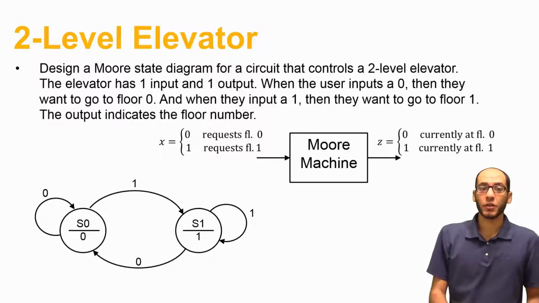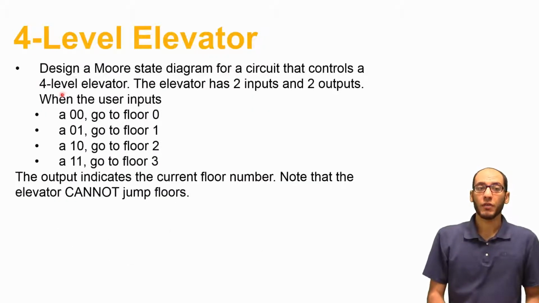What if we make it a little bit more difficult and we have a 4-level elevator? We have 4 floors and we want to control the elevator such that when the input is 0, 0, so in that case we have 2 bits of inputs, we do not have just 1. 0, 0 represents that the user wants to go to floor 0, and 0, 1 represents to go to floor 1, and so on.